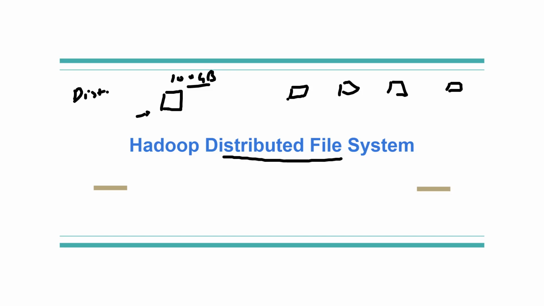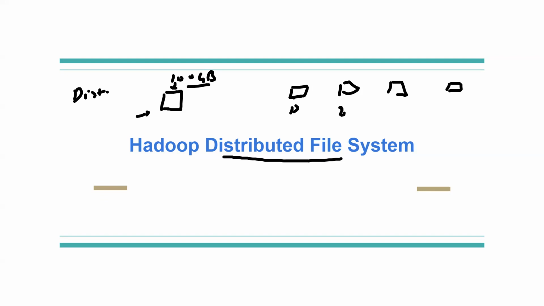Just assume that since the data is not available in one machine, and we are not able to put 100 GB of data in one place or 1,000 GB of data in one place, to make sure that we are able to store as much data as we want in a distributed fashion, we are going to have multiple disks. So this is one disk where we can store the information.